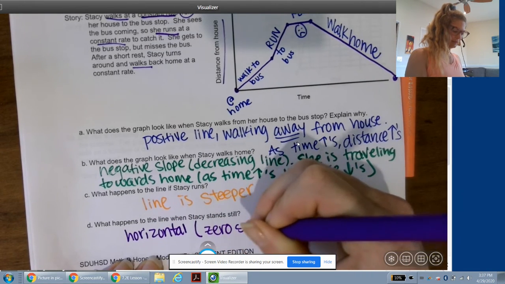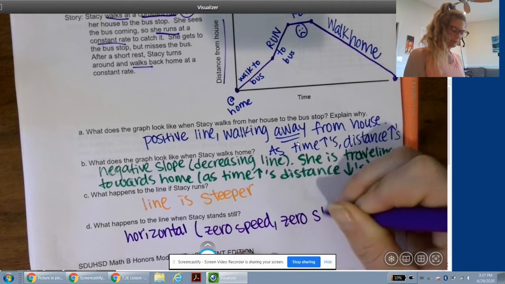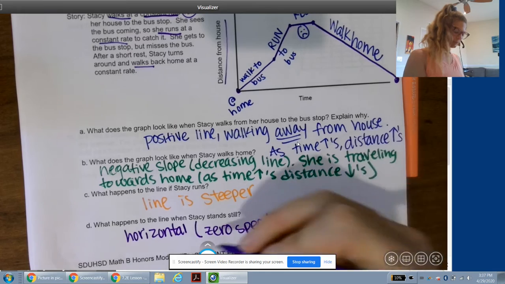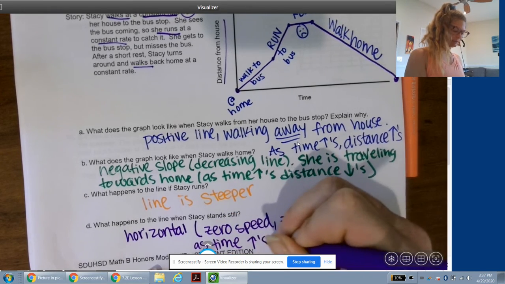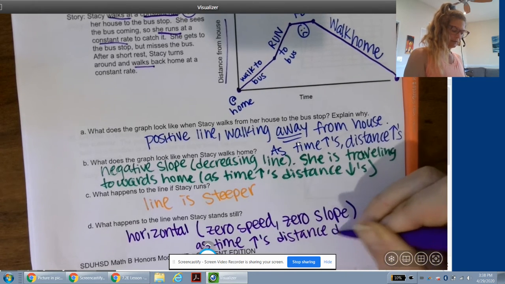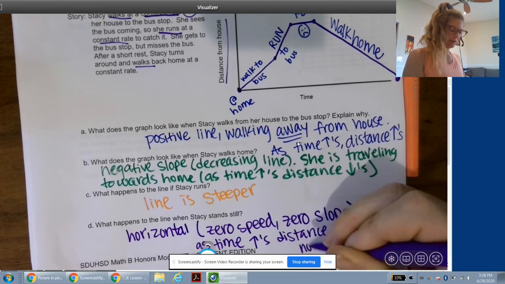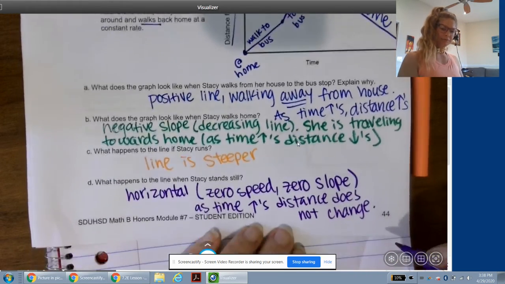Zero speed, zero slope. As time increases, distance does not change. You can say stays constant.